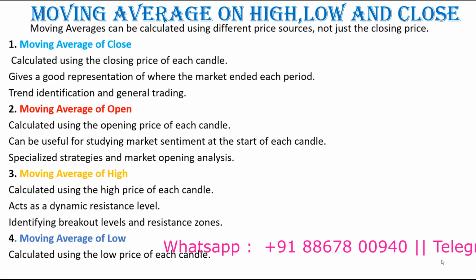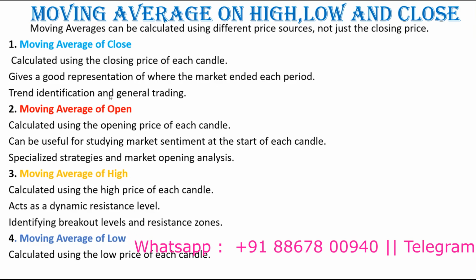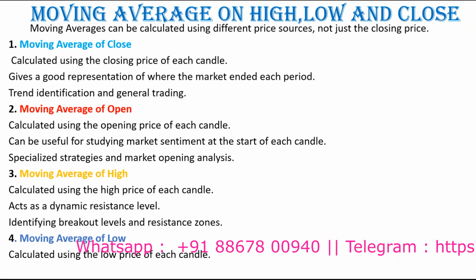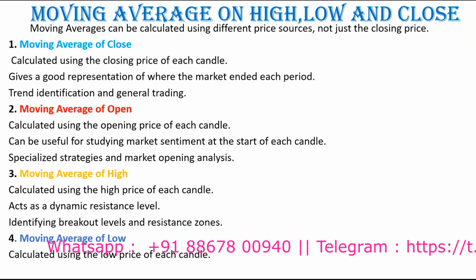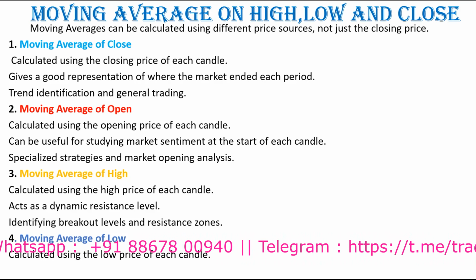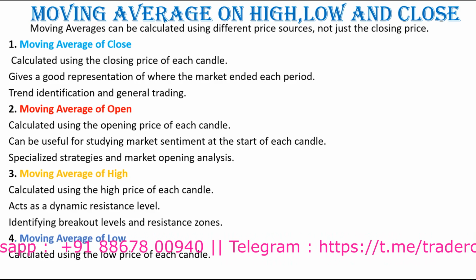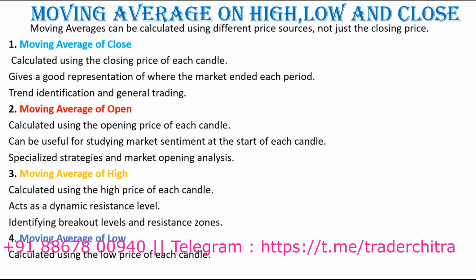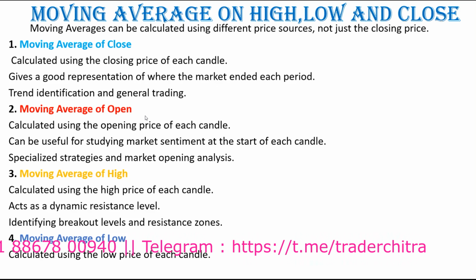First is the moving average of close, calculated using the closing price of each candle based on the time frame. For example, on a 5 minute time frame, the 5 minute candle's close price gives a good representation of where the market ended each period. That is good for trend identification.